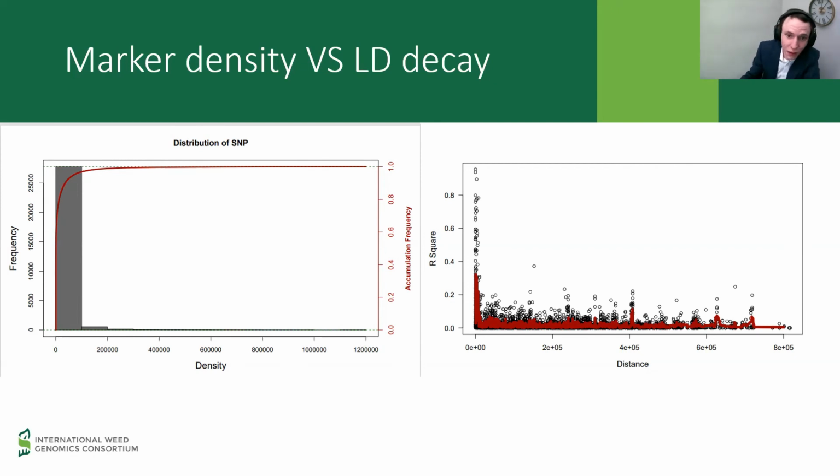Markers within a linkage block will tend to provide the same answer, so you can do some data filtration based off of linkage disequilibrium to reduce your sample size, and that effectively reduces the multiple testing correction that needs to be done, since we're normally doing tens of thousands to hundreds of thousands of simultaneous statistical tests, which you have to then correct through a false discovery rate or some other statistical correction.